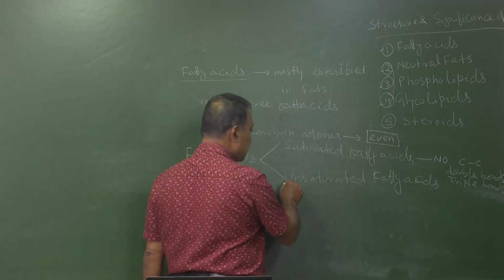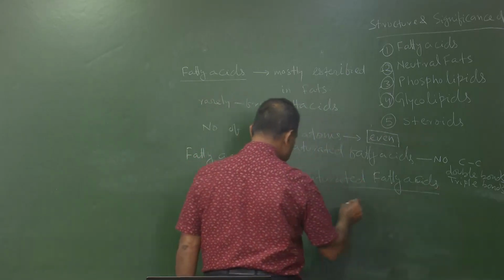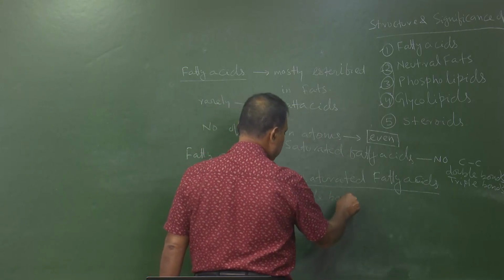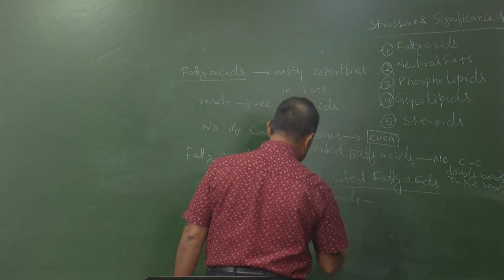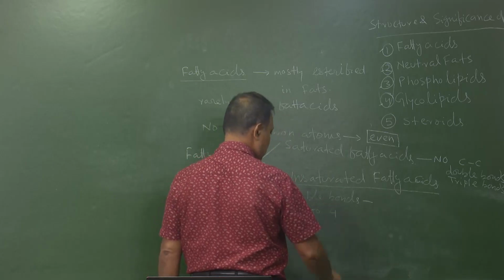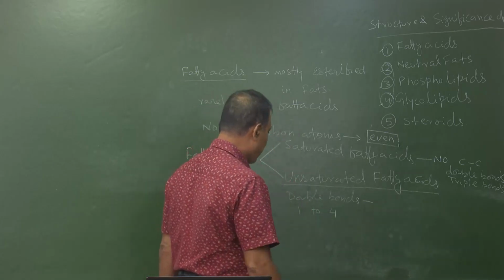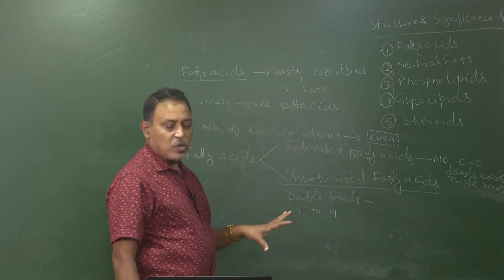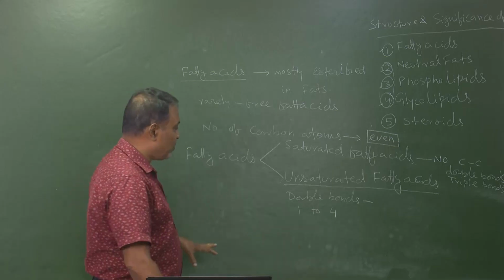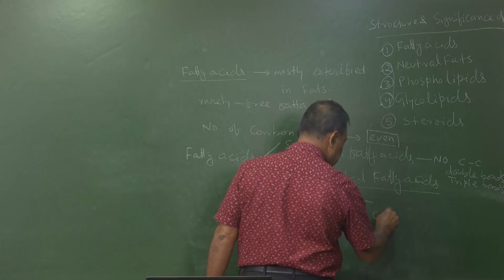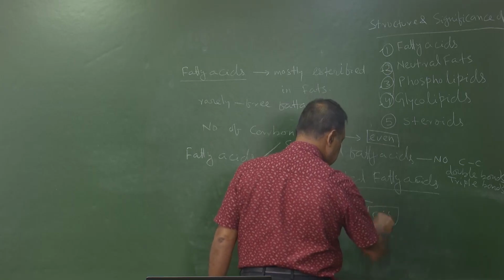Now when we say unsaturated fatty acid, we mean there are double bonds. The number of double bonds is usually 1, 2, maximum 4 double bonds. And whenever there is a double bond, we will find that they are always in cis configuration.